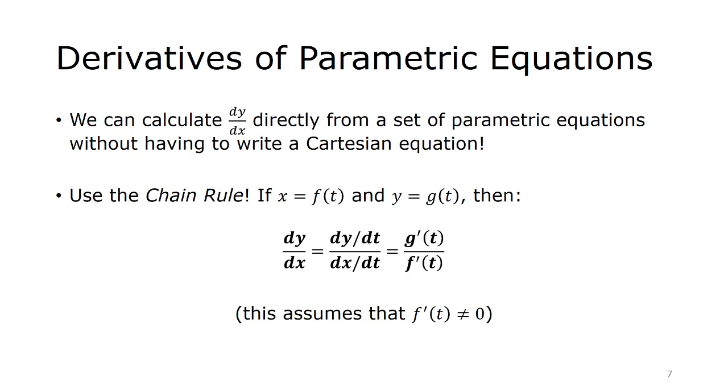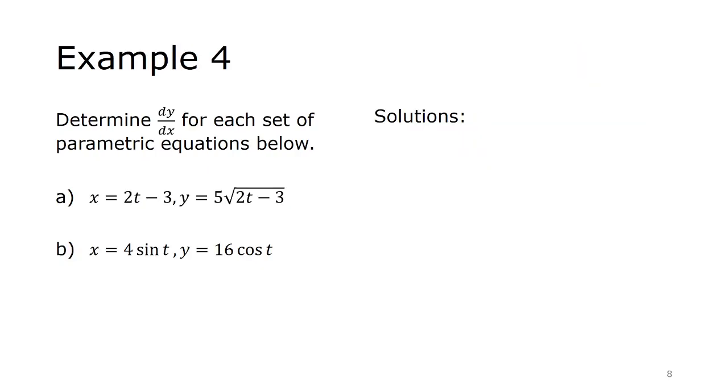And we can calculate those two things using the given functions. dy dt is just the derivative of the y function. dx dt is just the derivative of the x function. So here we wrote g prime of t divided by f prime of t. And again, the assumption is that the first derivative of your x function is not 0, because we can't divide by 0 here. So let's take a look at an example of that.